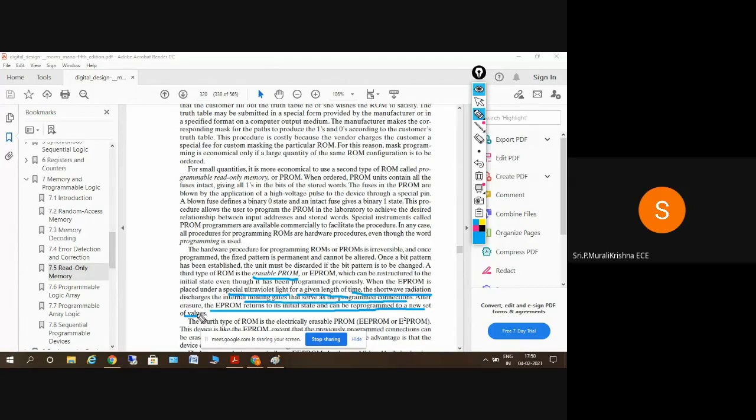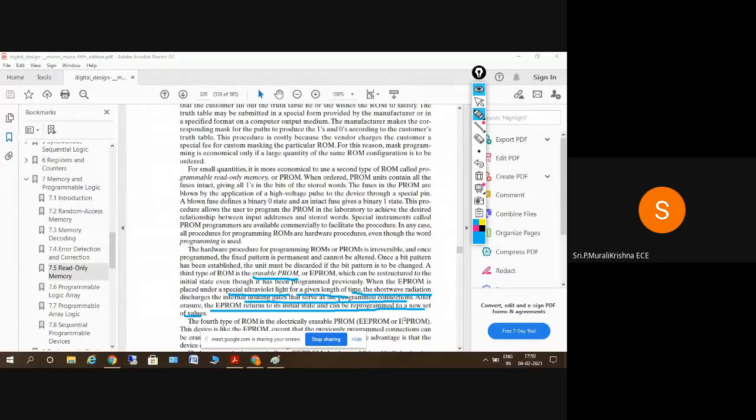Getting my point? Yes, sir. So this is EPROM, the erasable PROM, which is taken back to the initial state with the help of ultraviolet light.